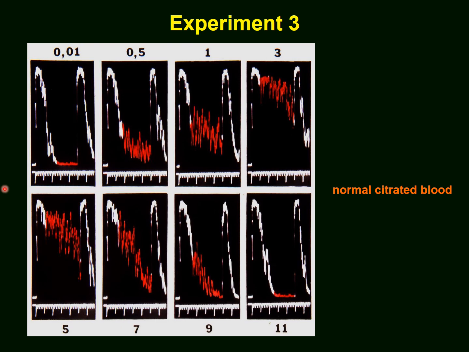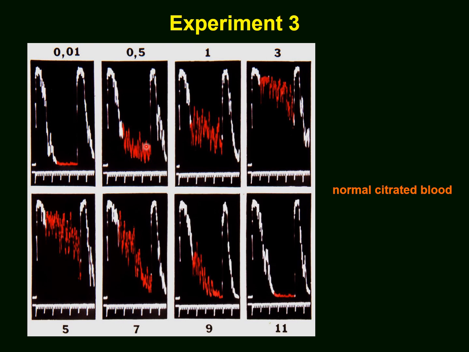Why is that? Here at 10,000 cells per cubic millimeter we have mostly plasma, hardly any cells, so the interfaces are limited.